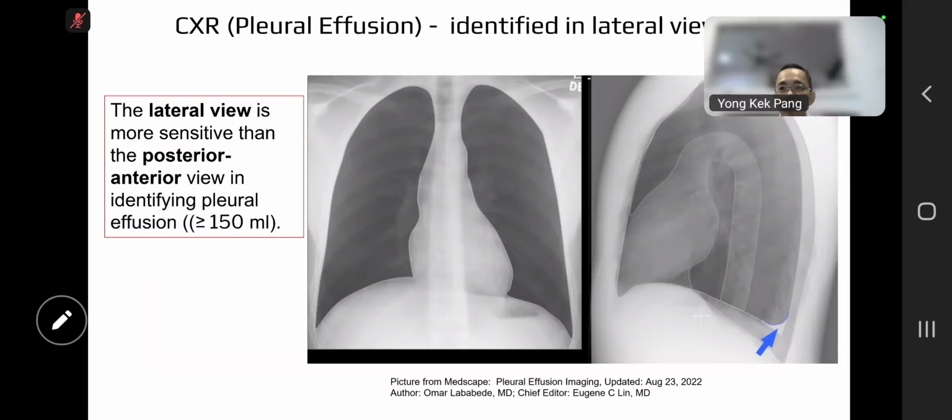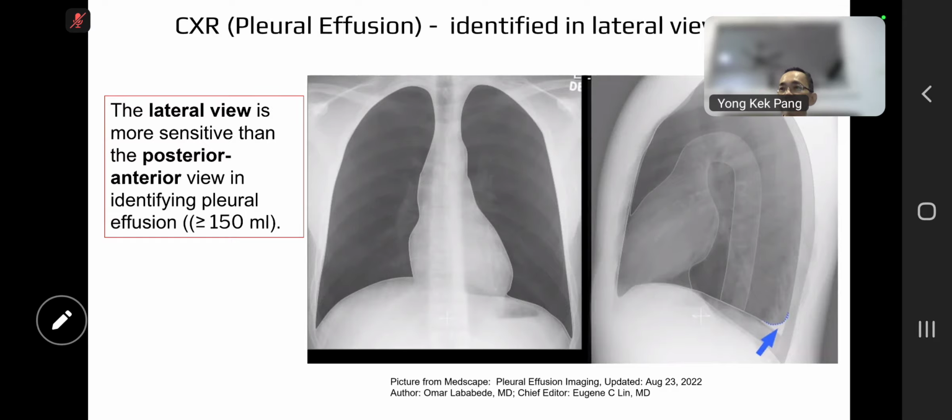And then which view is more sensitive between posterior anterior view and lateral view? Obviously, lateral view is more sensitive because it could detect a very small amount of pleural effusion because of the angle at the posterior aspect, which is usually not visible until it's quite substantial.